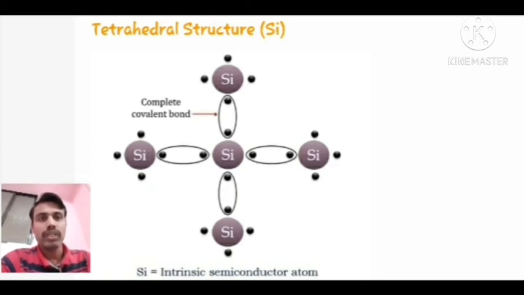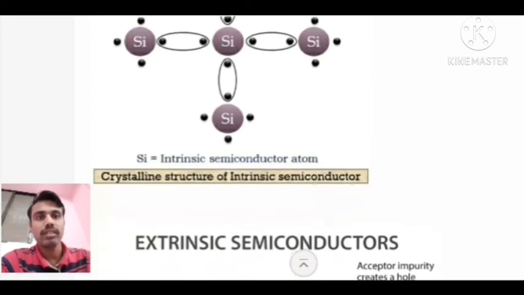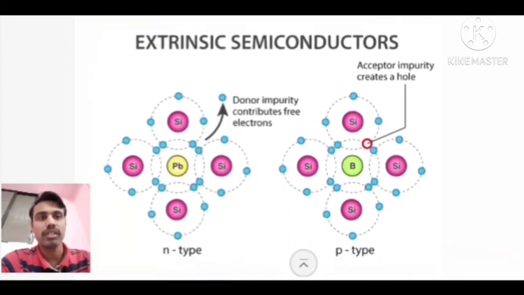Now we can convert this intrinsic semiconductor to an extrinsic semiconductor by replacing atoms with pentavalent or trivalent impurities.